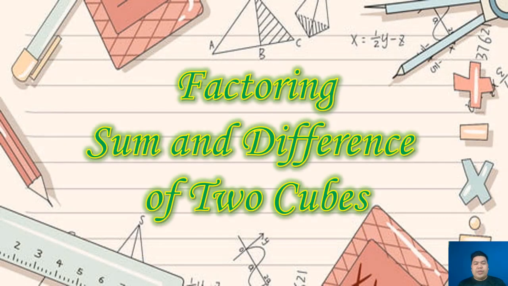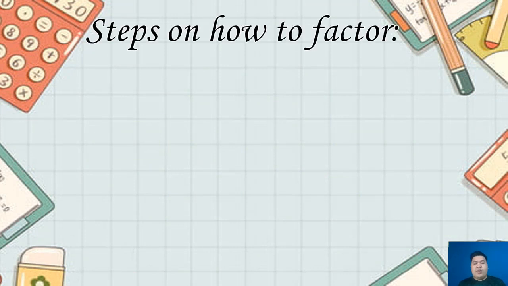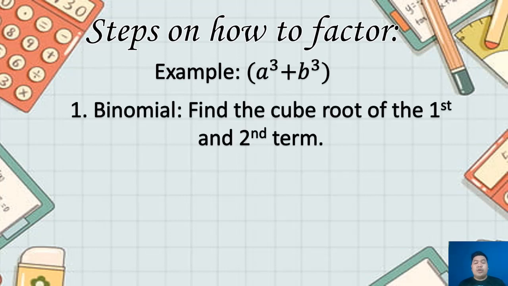Now, let's start with the factoring of sum and difference of two cubes. Here are the steps on how to factor. First, we have the example a cubed plus b cubed. For the first step, we will get the binomial of the factor. To find the binomial, find the cube root of the first and the second term.